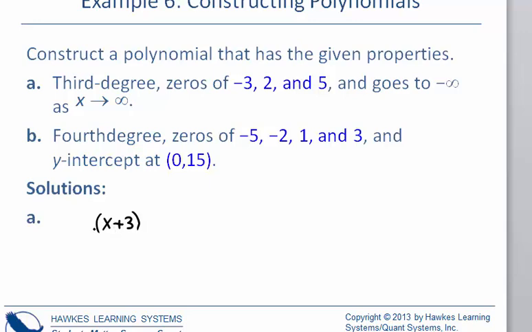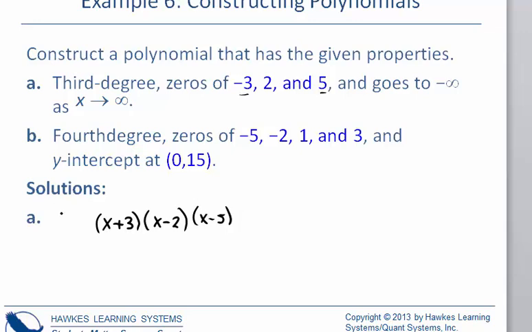So the only way to make this factor turn into 0 is to put a -3 in for the x. If we have a 0 of 2, we'll need a factor that looks like x minus 2. Again, because if I put a 2 in for the x, 2 minus 2 gives you 0. And for the 5, we'll need an x minus 5 as a factor, because 5 minus 5 is equal to 0.